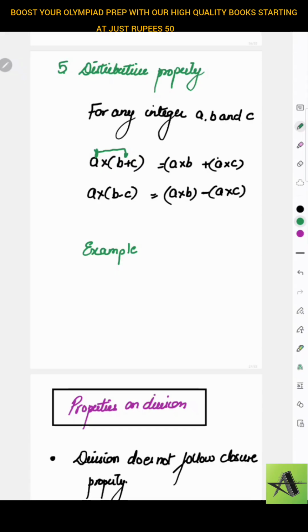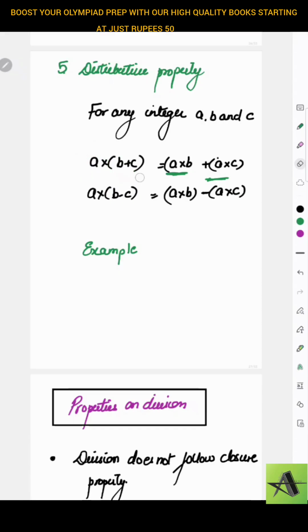So you can clearly see a is outside the bracket, we have to multiply this a with every term inside the bracket, and b and c are inside the bracket. So I multiply a and b first, so a times b, and then a times c, so plus a times c. That's your distributive property.